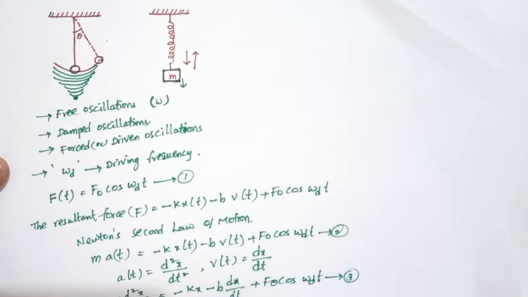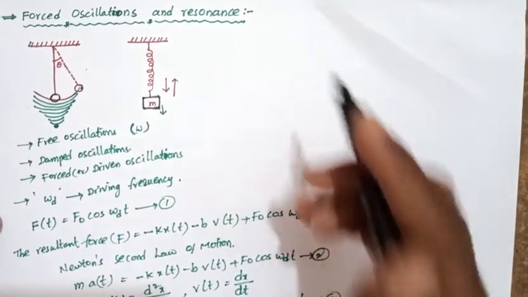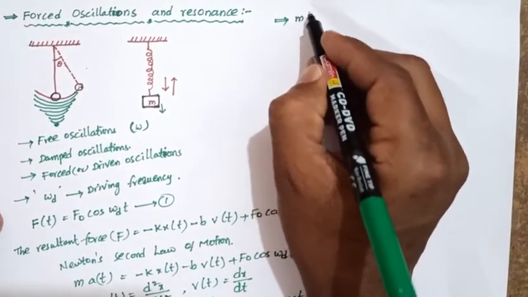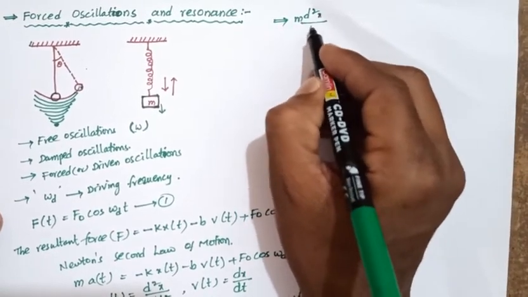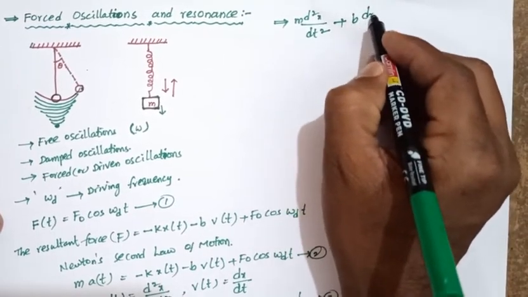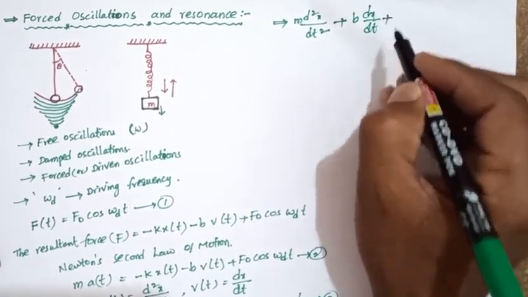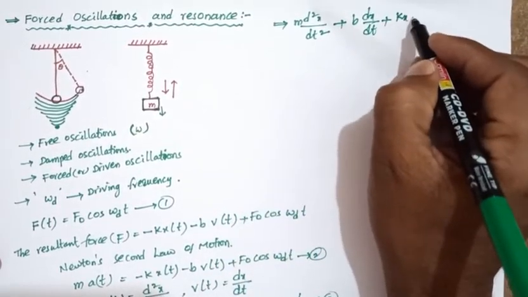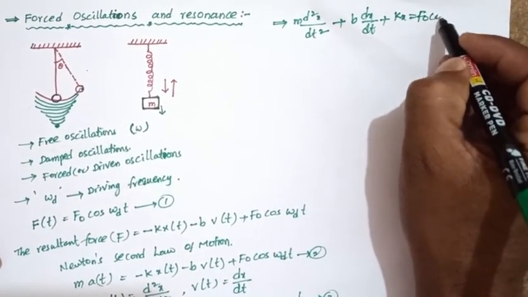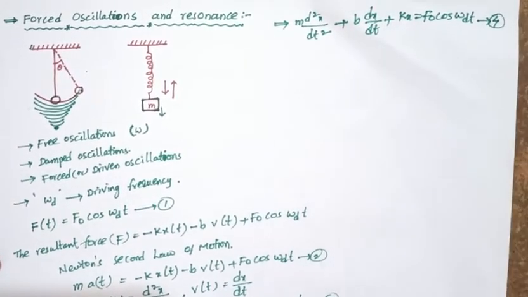Now taking the two terms to the left side, we can write m d square x by dt square plus b dx by dt plus k x equals the same term, F naught cos omega d t. So this is equation number 4.